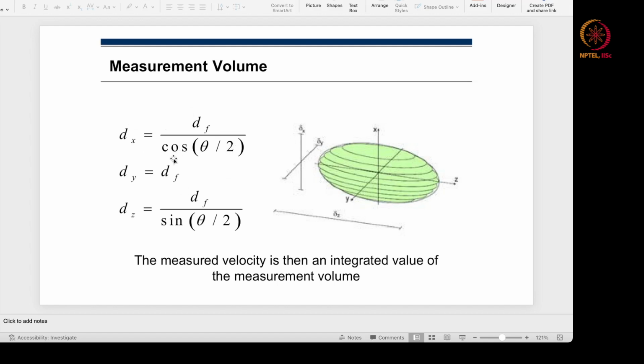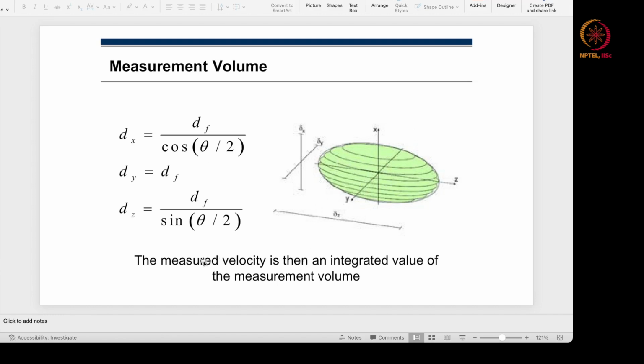But dz, because it has a sine theta by 2 component, shows a bit of an enlargement along the optical axis direction. So it more resembles a cigar type of volume, in which z is extended, whereas x and y are of very similar orders.